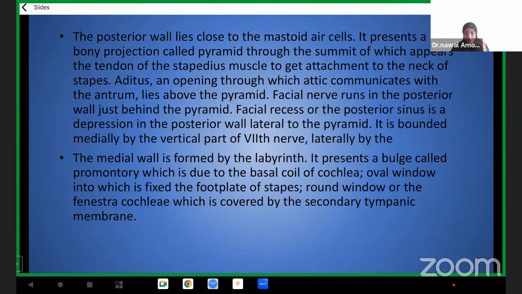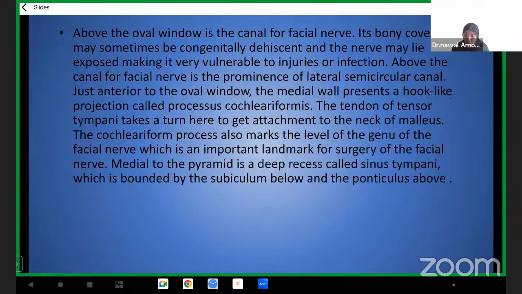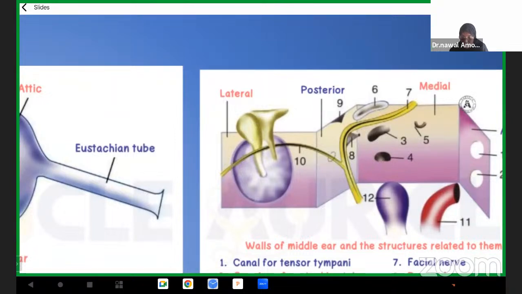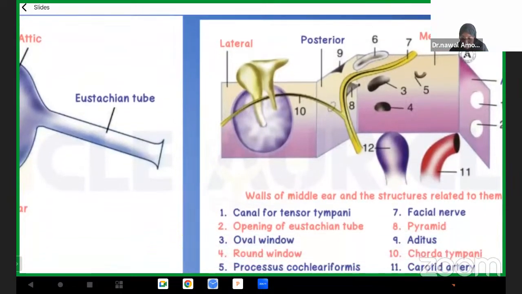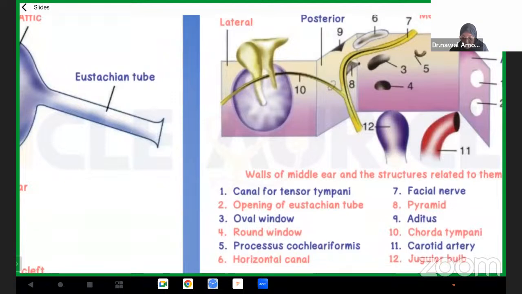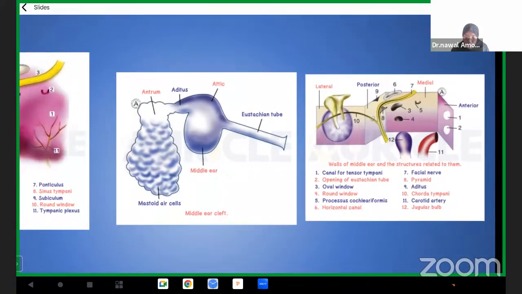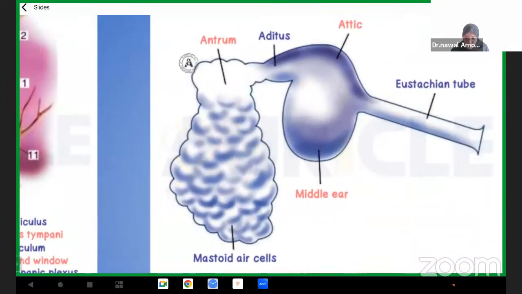As I told you, the aditus lies on the ninth part, with which the attic communicates with the antrum. And it is just above the pyramid. So just like this, the ninth part is the aditus, and the aditus lies above the pyramid. Right? Ninth and eighth. And it communicates with the mastoid air cells.